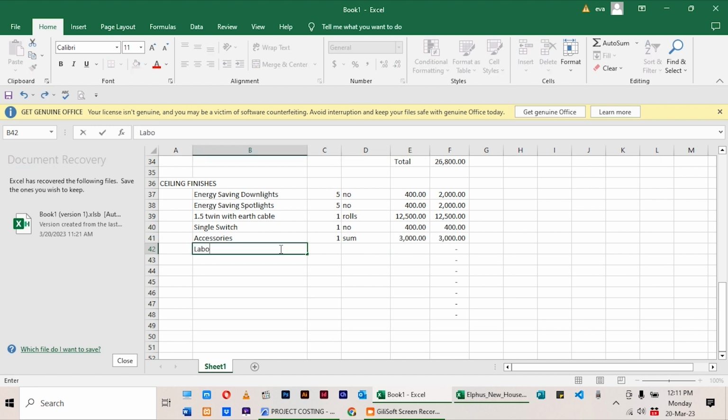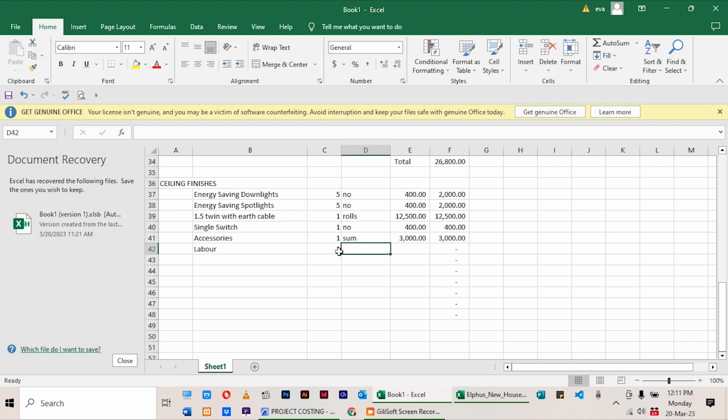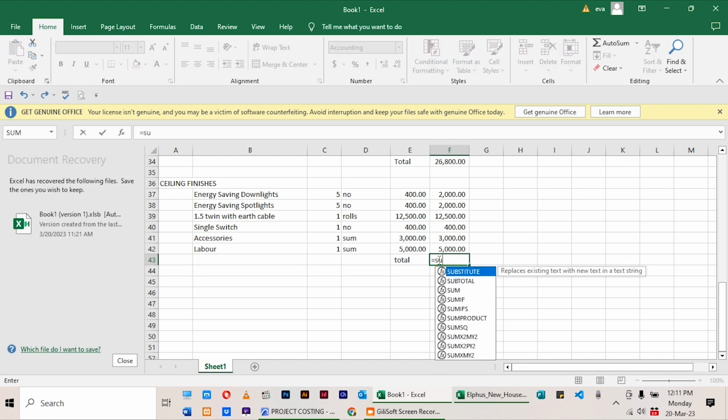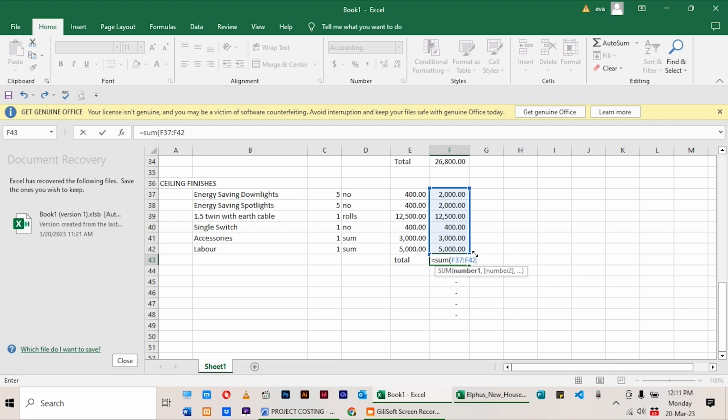Then include labor. It's not easy to quantify these kind of jobs, but from experience, most electricians for such a small space will charge you 5,000 shillings. And then that's it. You get the total, equals the sum of this.